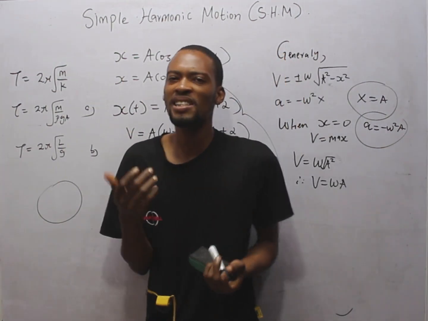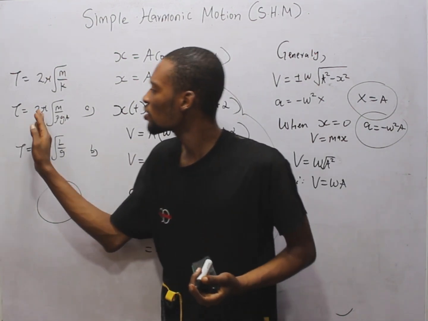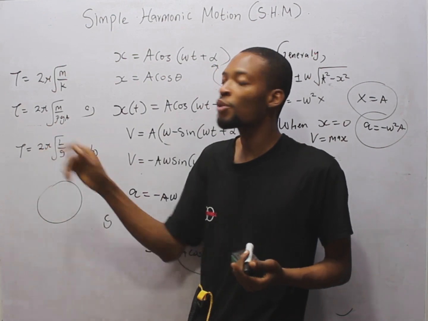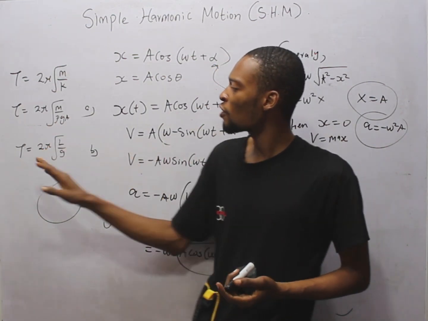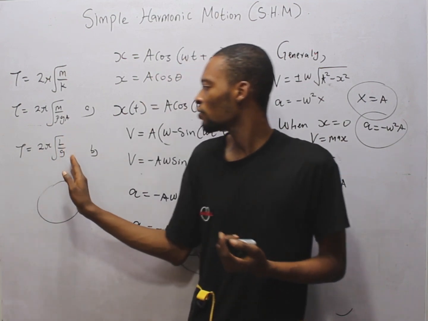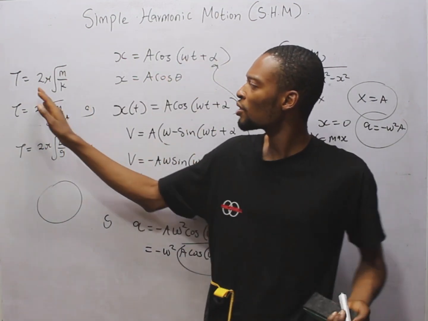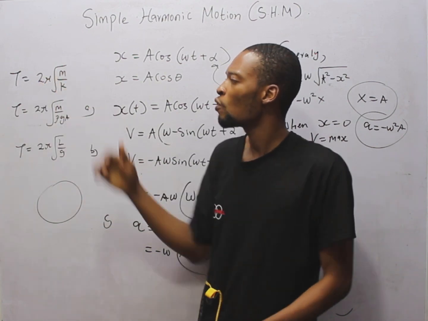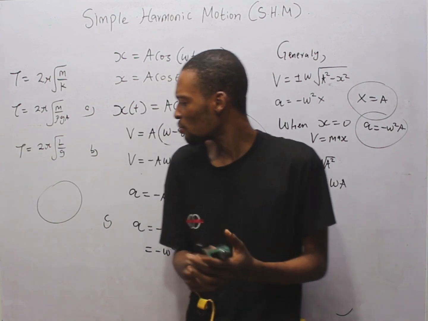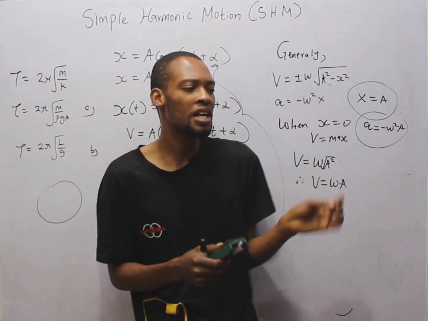For objects immersed in a fluid, for example a loaded test tube, the period equals 2π root of m over ρgA, where ρ is density. While for a simple pendulum, the period equals 2π root L over g. And for a mass spring system, the period equals 2π root m over k. And remember, the factors affecting simple harmonic motion are the size of the bob, length, and acceleration due to gravity.